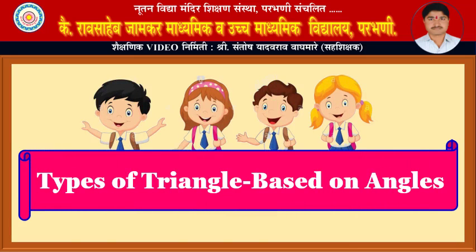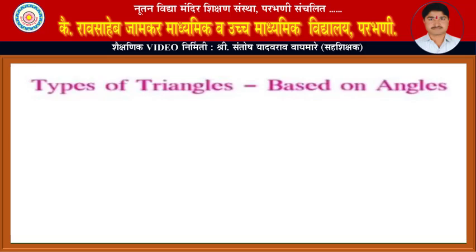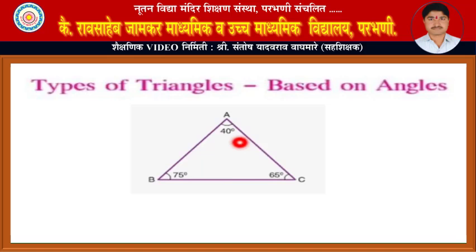Types of triangle based on angles. Next we shall learn about types of triangles based on angles. In this triangle, you can see angle A is 40 degrees, angle B is 75 degrees and angle C is 65 degrees.